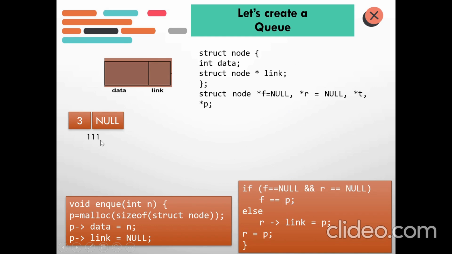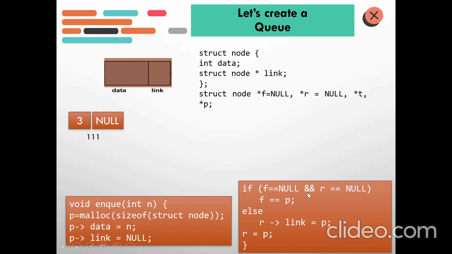What is P? P is the address of the newly allocated node, which is 111. So F would now point to 111. Fair enough, because this is our frontmost element or the topmost element or the first element. So we would not discuss the else part for the time being, because if has been executed, or if stands true at this point of time.